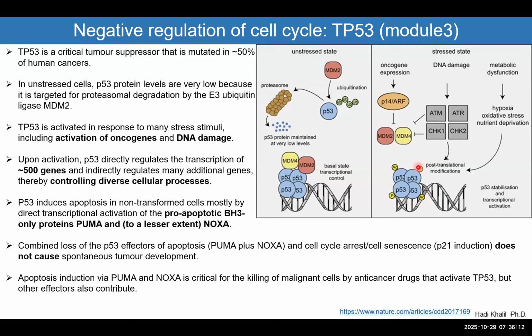And P53 will induce some downstream targets. Remember, I mentioned there are many effects of the P53. One of them, P53 induces apoptosis in non-transformed cells, mostly by direct transcriptional activation of the pro-apoptotic BH3-only proteins, PUMA and NOXA.